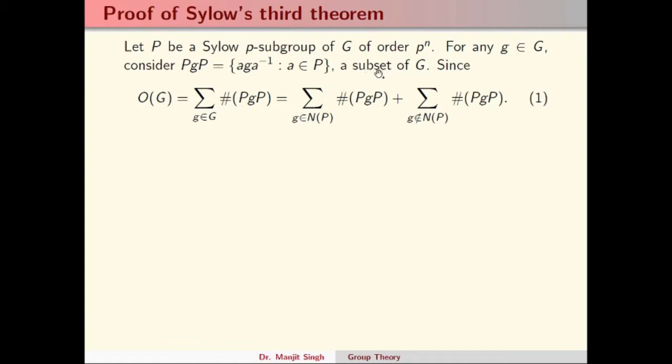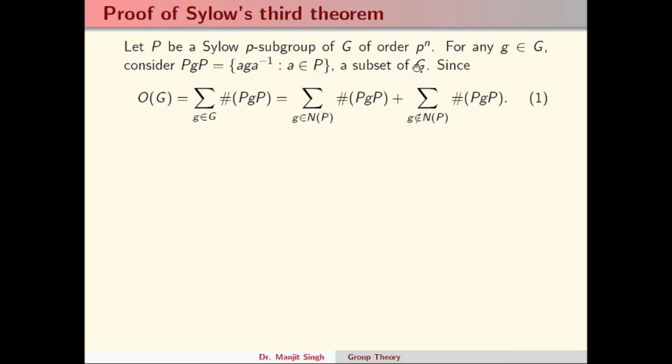related to Sylow's second theorem. We have discussed such type of subset HgK, and it is a particular case of that problem, so we are considering H and K both equal to P here.